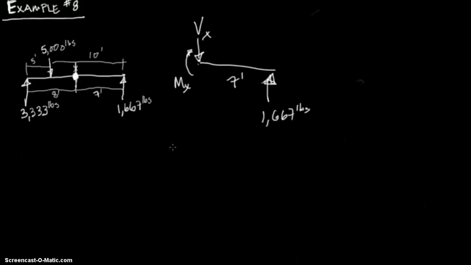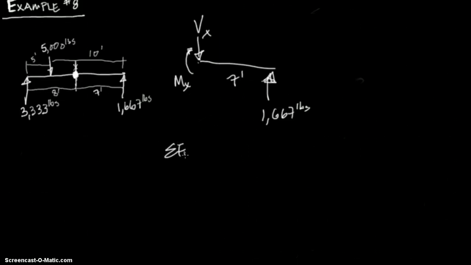So if you say sum of the forces in the y direction equals 0, well, V of x is going to be 1,667 pounds. Because we had that, and then minus V of x. So you say V of x equals 1,667 pounds.